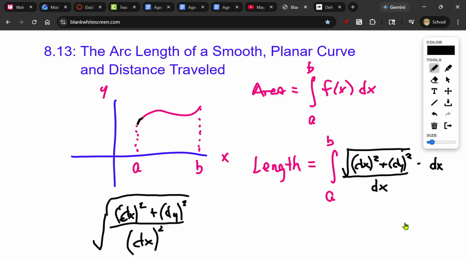Now, by doing that, we can simplify this expression here. Dx squared divided by dx squared is just 1, and then dy squared divided by dx squared, well, that's just dy dx squared, right? And so this is the arc length formula. This is the length of that little tiny piece right there.